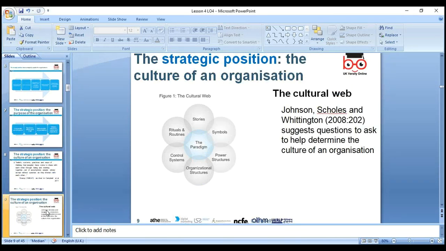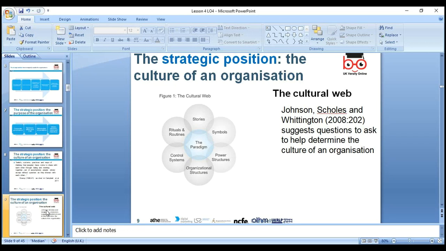His books give us the cultural web. So we need to understand these things: the stories we are well aware of in our organization, the power structure, how much power we have, what sort of structure, senior level, junior level management, organizational structure, control systems, all of the routine stuff which we do.